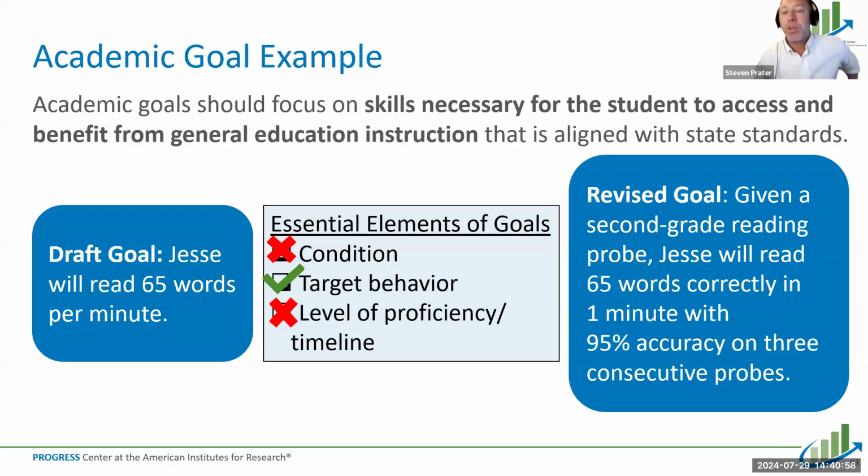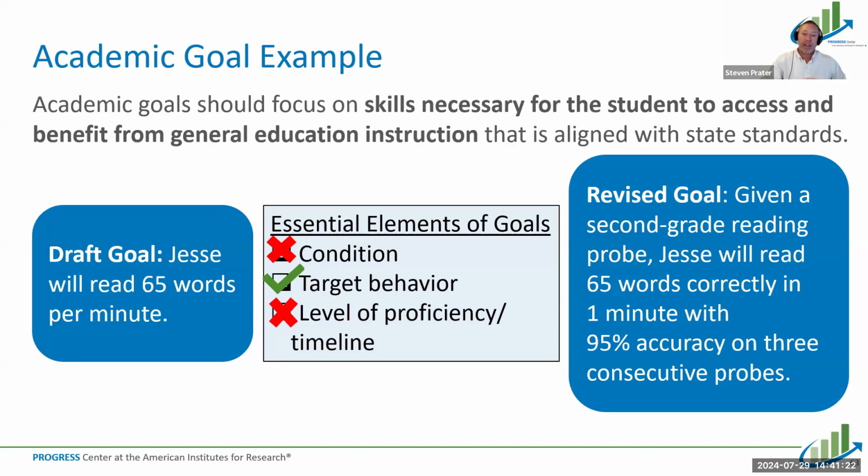Okay, so people usually have questions about, why do we say 65 words read correctly in 1 minute, and then we also say 95% accuracy? Because to a lot of people, those sound like the same thing. The reason we say that is because you could give a student a reading passage, and they could probably pick out 65 words in that passage that they can read individually, but they may not be reading the passage.